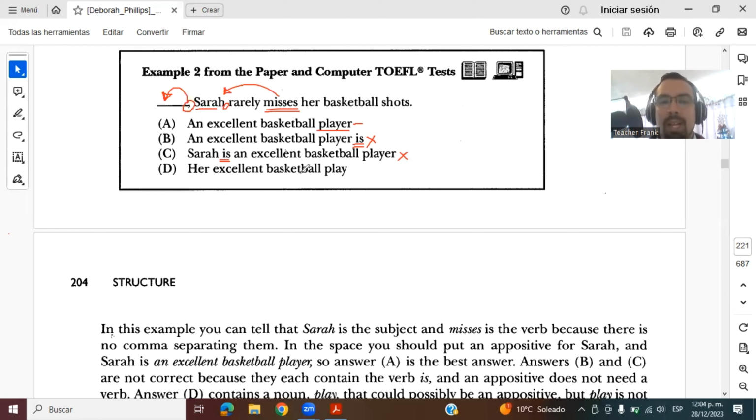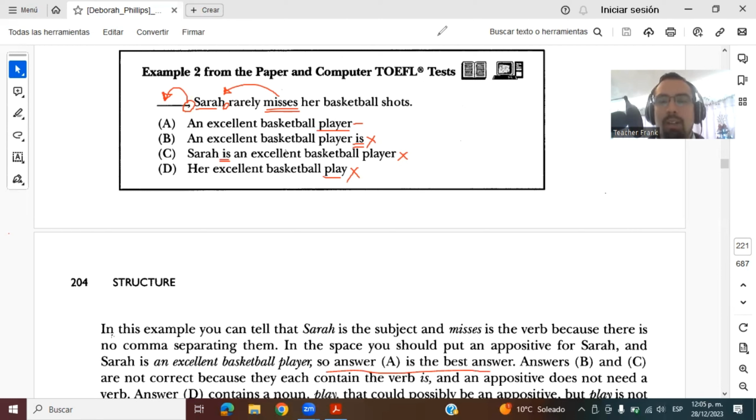And her excellent basketball play could be, I mean, play could be a noun here, like a theater play, but that wouldn't describe Sarah. It's not the same thing as Sarah, right? So that's not correct. And the best option is an excellent basketball player, and we are referring to Sarah, right? So yes, answer A is the best answer, okay?